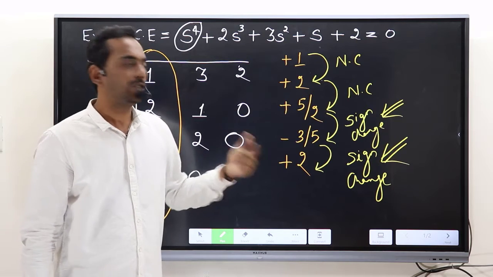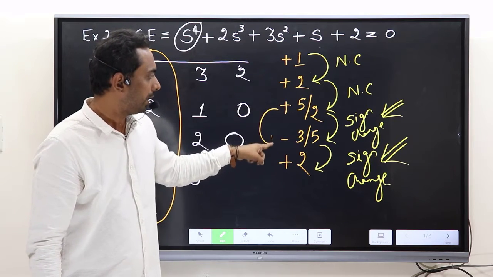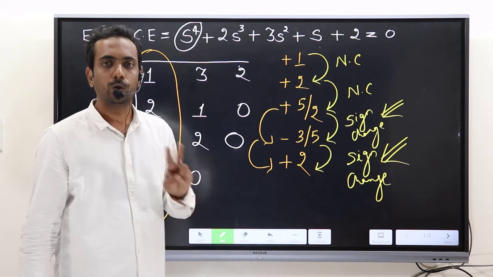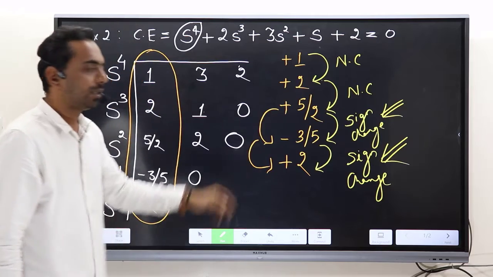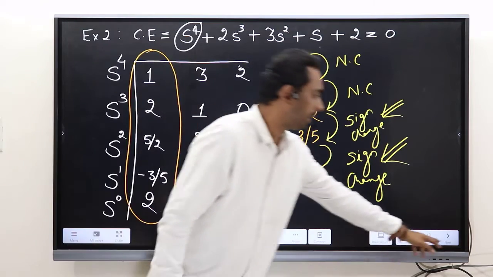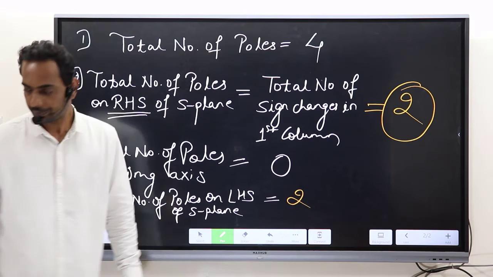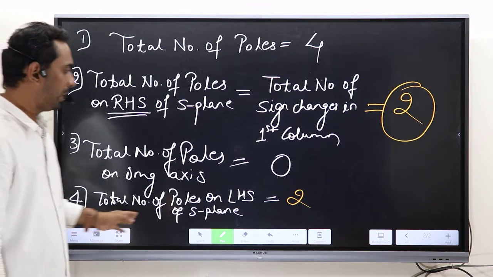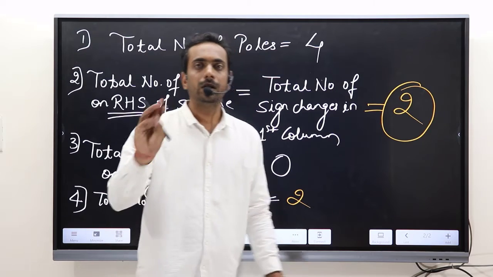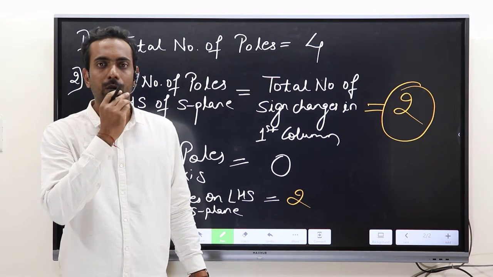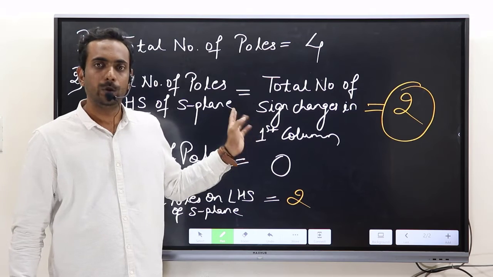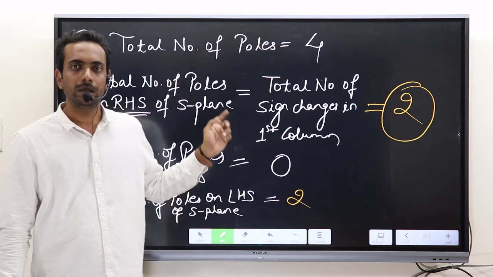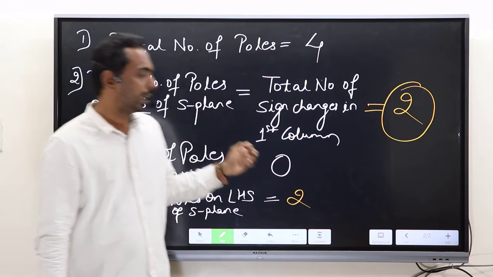How many times the sign changes? एक प्लस से माइनस हो रहा है, फर्स्ट चेंज, एक माइनस से प्लस हो रहा है, सेकेंड चेंज. So 2 times the sign is changing, hence 2 poles on the right hand side of the S plane. I hope आपको जो मैंने थर्ड और फोर्थ प्रॉपर्टी बताई थी राउथ्स की, इसके ऊपर मैंने 2 एग्जांपल्स लिए थे. So from these 2 examples we are clear with the third and fourth property of the Routh's.